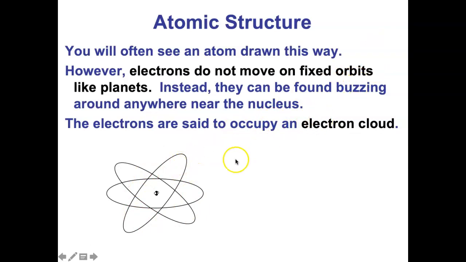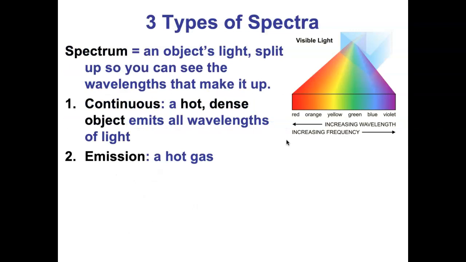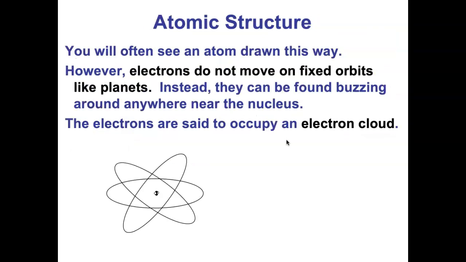There's a one-on-one interaction between an atom and a photon. And that's why you end up getting a different type of spectrum. With dense objects, the whole object is emitting or absorbing light, and so you get a continuous spectrum. But with a low-density gas, you end up getting the one-on-one interactions between atom and photon, and that produces a different type of spectrum.